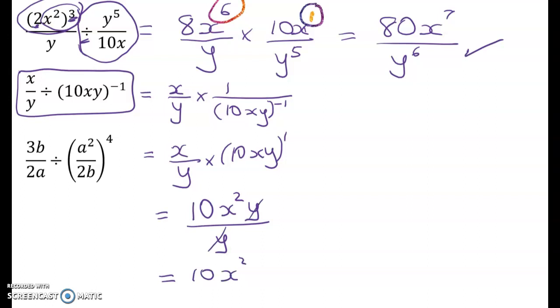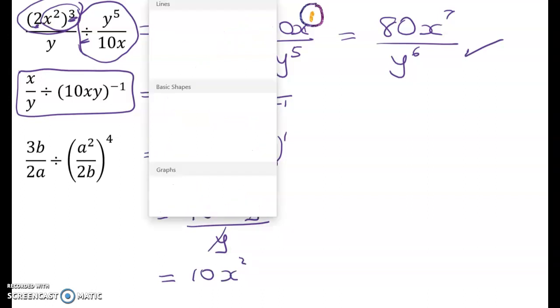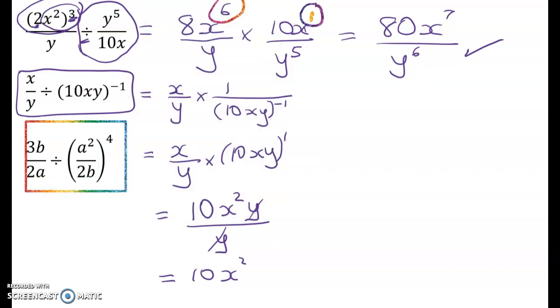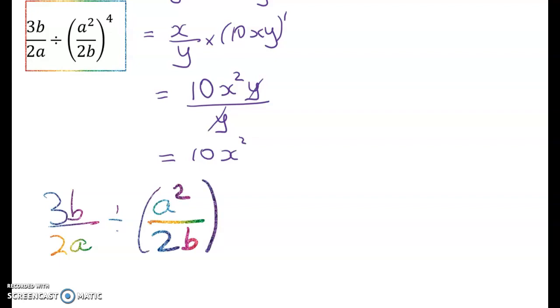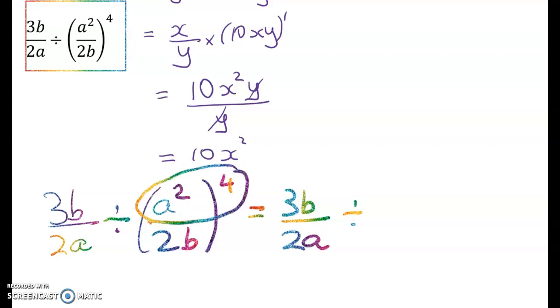And we've got one left to do, which is this one here. Oh, don't know what's going on there. Let's have a look at this. Okay, 3b over 2a divided by a squared over 2b all to the power of 4 is equal to 3b over 2a divided by, let's see, well, this bit becomes a to the power of 8.